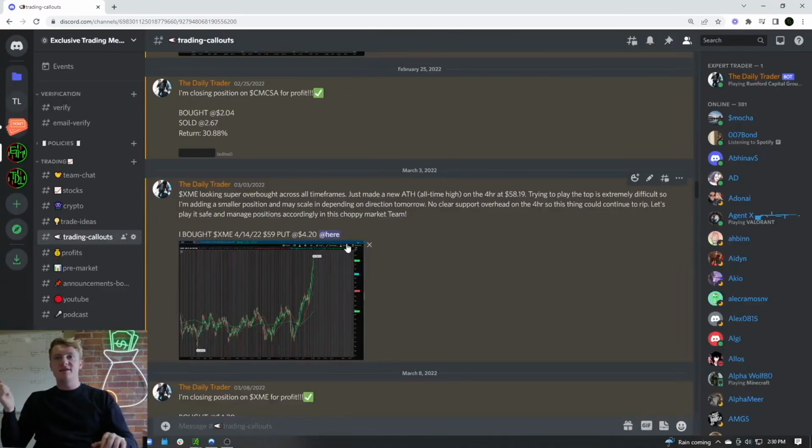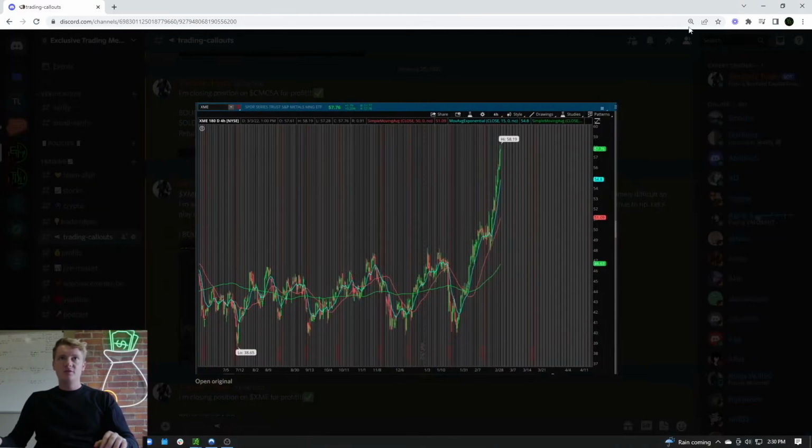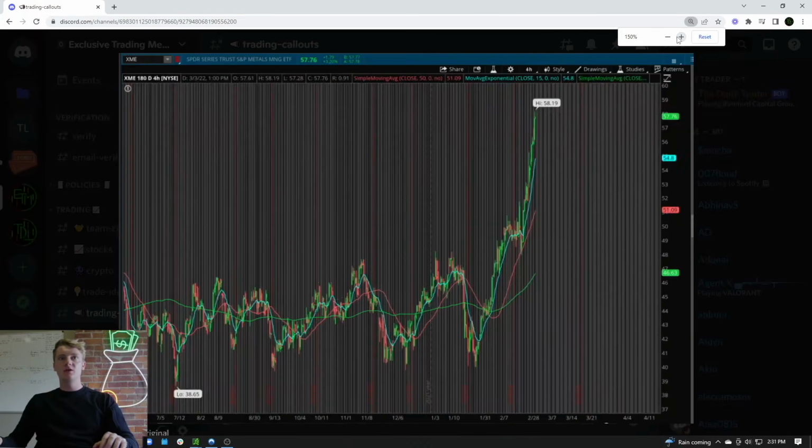Now, another downside to this setup is that you can see there's no moving average or resistance level overhead that we can use to go about managing the trade, figuring out where we're going to put our stop, where we're going to put our take profit. You can even see on this chart, none of the moving averages are respected.